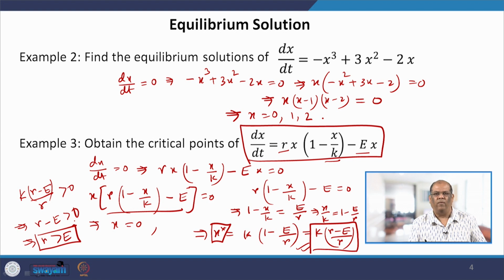This happens when your model will give you a positive solution only, and it cannot give a negative solution.